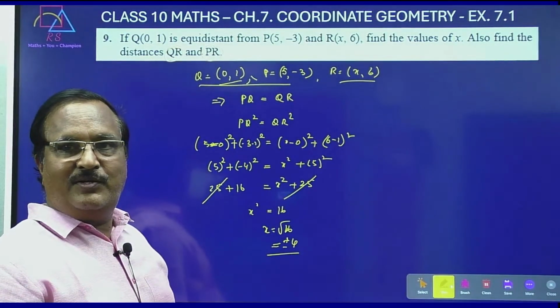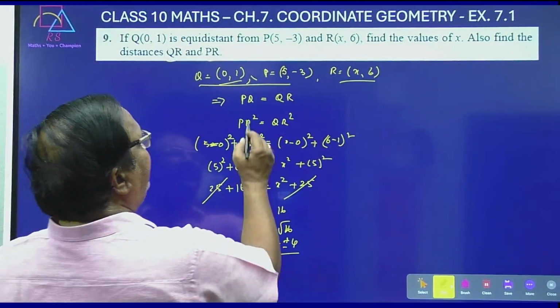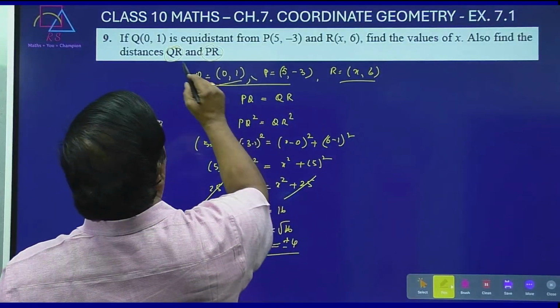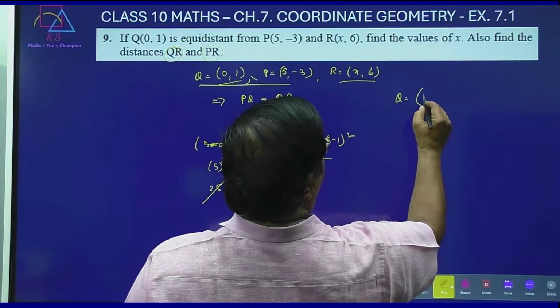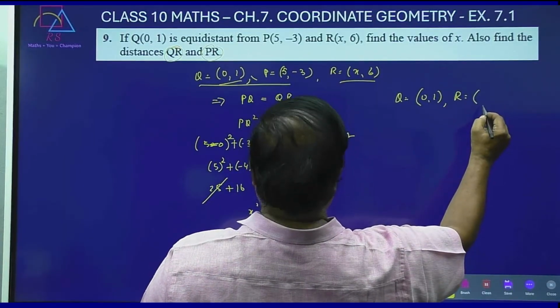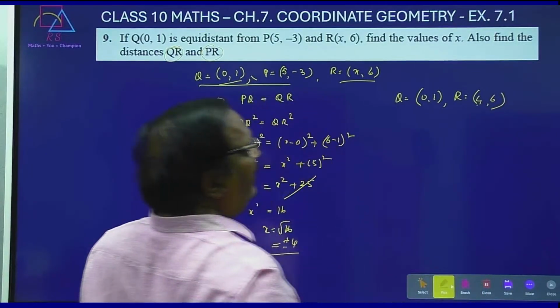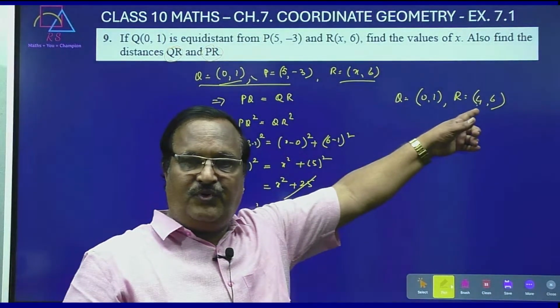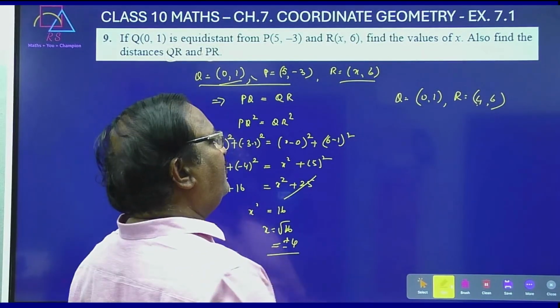If you are taking that, that means you have to find out QR. So write Q here. Q is how much? 0 1. R is how much? x 6. I write 4 and 6. I wrote plus 4. So now find out QR.